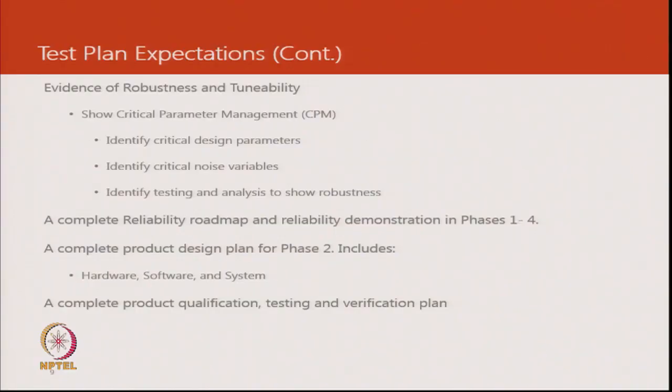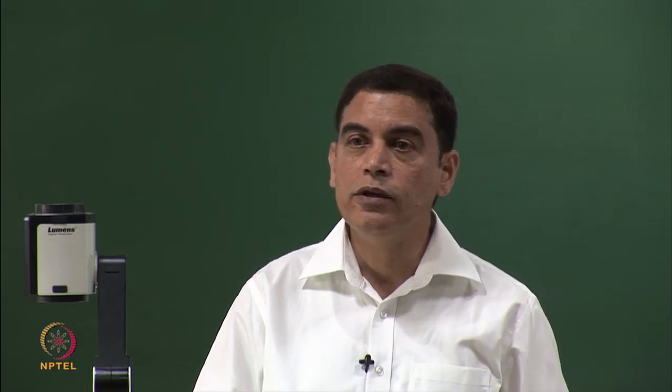And finally, we have a complete product qualification, testing and verification plan. So this product qualification, testing and verification plan will not only address external standards that must be complied with from a regulatory perspective, but also the reliability tests that have been assessed internally and any unique feature integration that has been agreed at the design stage.